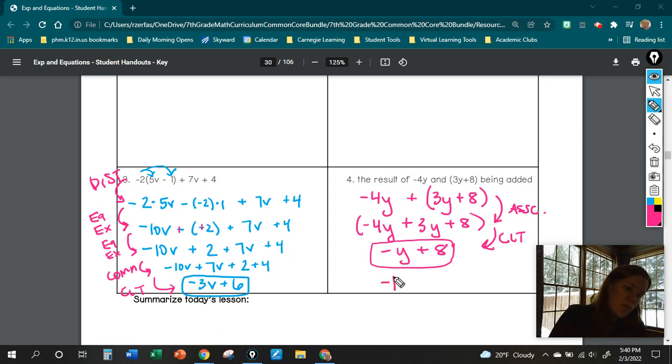So some of you might be wondering if you can write it like this. That would be okay. That's an equivalent expression to this. Or some of you might have it written like this, 8 minus y. That's an equivalent expression. All those things are equal to each other. They all have a simplified value that you can't combine like terms on any further.